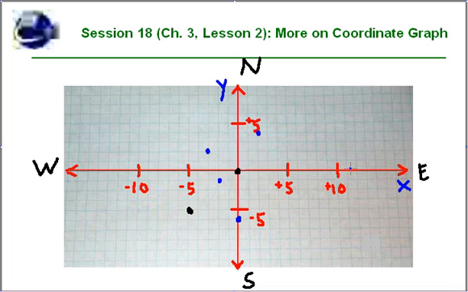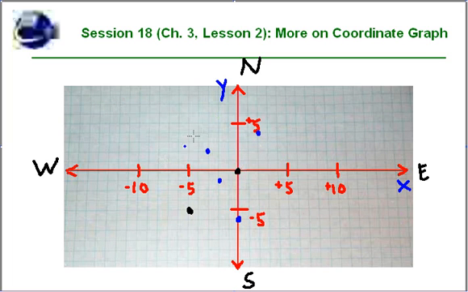Lastly, before we go over our review, now that we have extended our coordinate graph to handle negative numbers, you can see that it's broken the graph into 4 main quadrants, or 4 main sections. You got this quadrant here, which is above the x-axis and to the right of the y-axis.